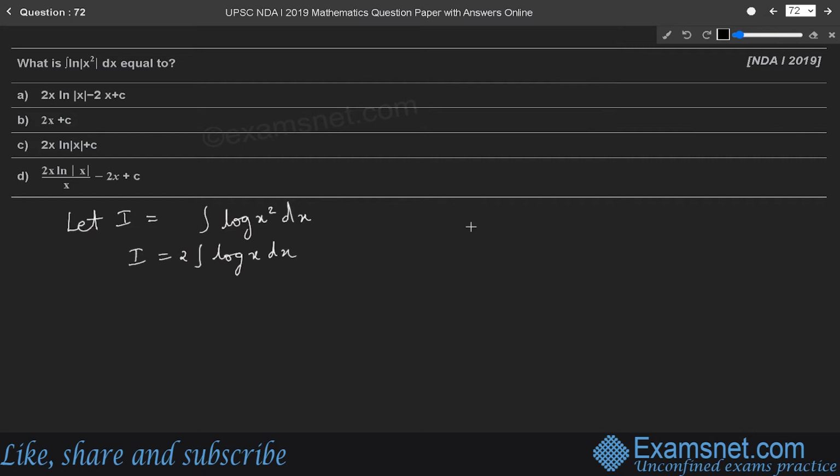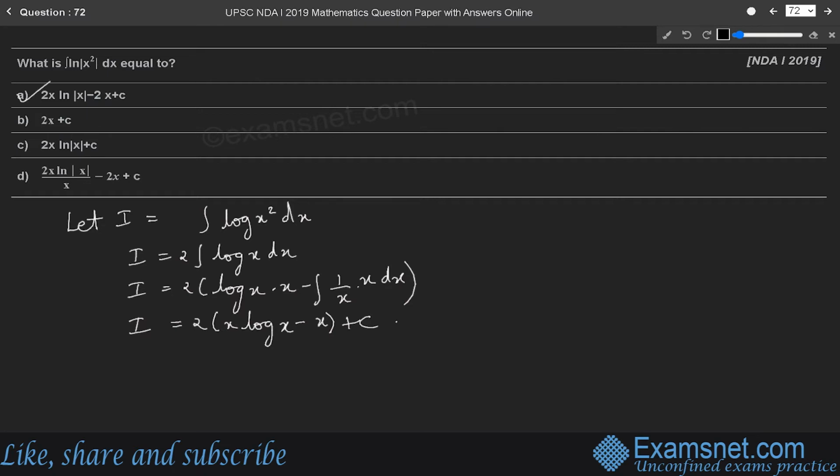By applying integration by parts, I will be equals to 2 into log x into x minus integration of 1 upon x into x dx. Further, I is equals to 2 into x log x minus x plus c. So this is the correct value for the given expression. Therefore, the correct answer is option number A here, which is 2x log x minus 2x plus c.